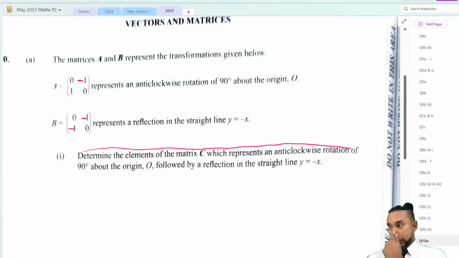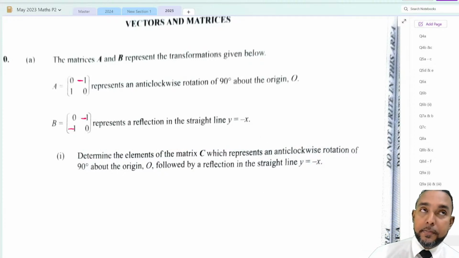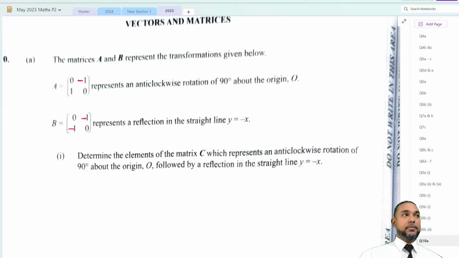Okay. So when you have matrices of transformation and you want to do multiple transformations, long story short, all you have to do is multiply them together, but you have to be careful about the order.